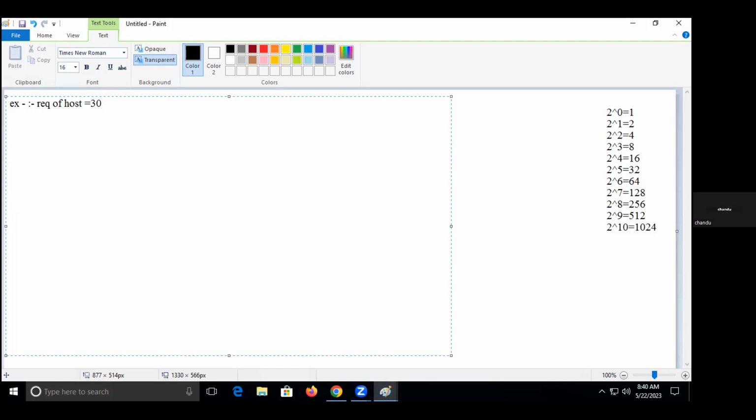The requirements of host is 30. So what is the formula? The formula says 2 power h minus 2 is greater than or equal to the requirements of host, which is 30.